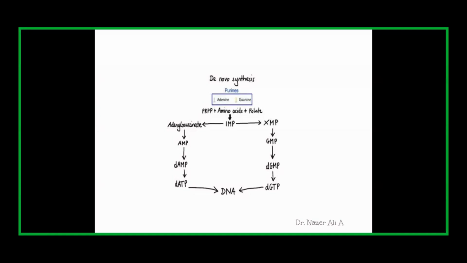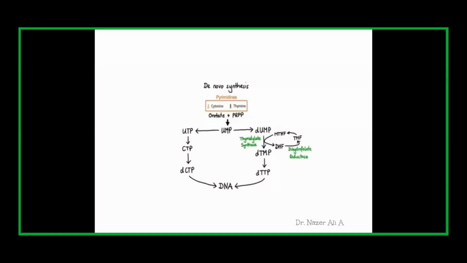And about the pyrimidines. For pyrimidines we have orotate and the same phosphoribosyl pyrophosphate. These two form the uridine monophosphate. Uridine monophosphate will get phosphorylated to uridine triphosphate, which will get aminated to cytidine triphosphate. Cytidine triphosphate will be reduced to deoxy CTP, and this deoxy CTP will get incorporated into DNA.